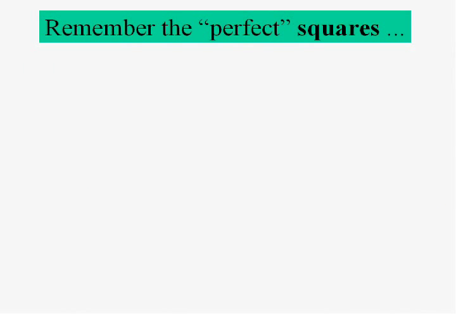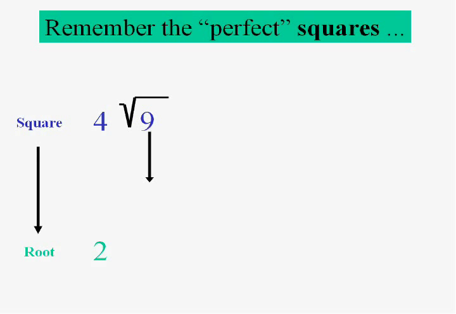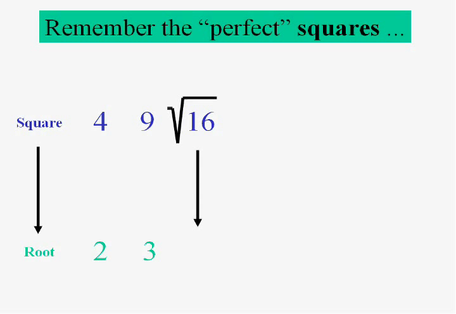Now, before I show you how to simplify a radical, there's going to be some prerequisite information you're going to need to know. Remember the perfect squares I told you to get to know? The square root of 4 is 2. The square root of 9 is 3. These are the perfect squares. The square root of 16, 4. Good ones to get to know.